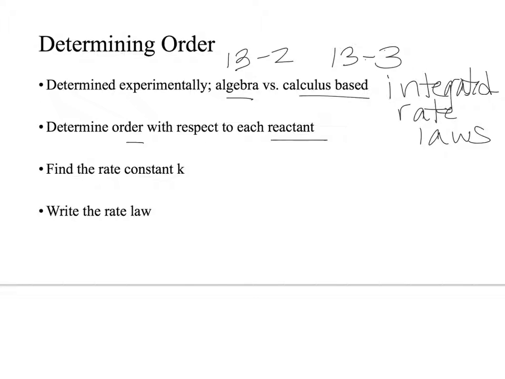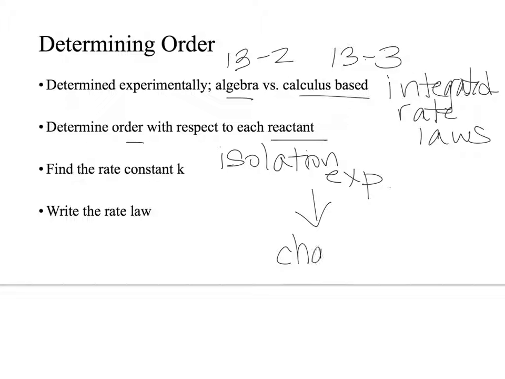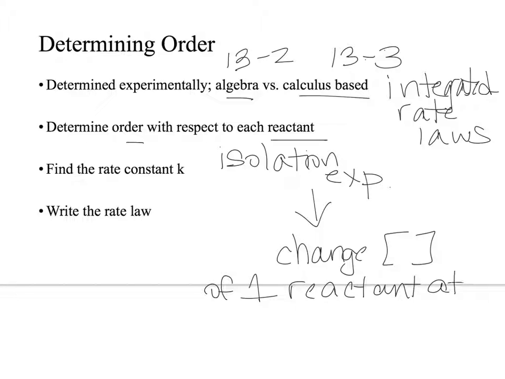So that means that I'm going to have to do some isolation experiments. That means change the concentration of one reactant at a time, for those particular reactions that have more than one reactant, A and B, for example.